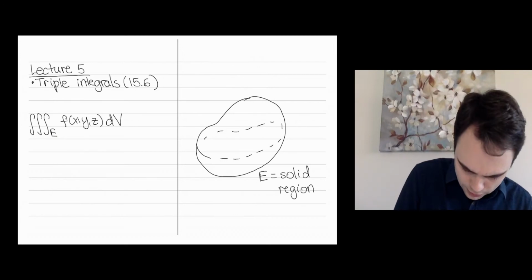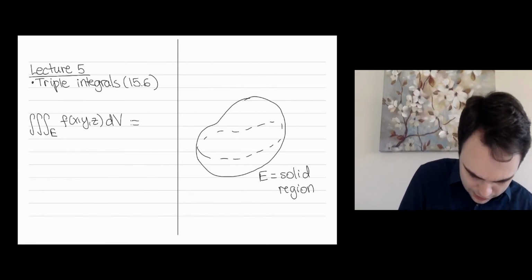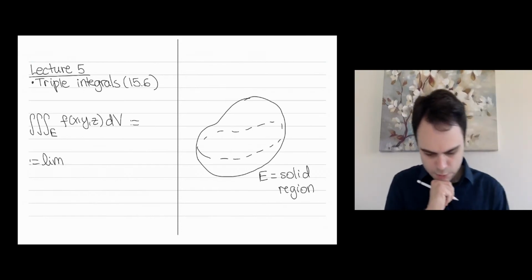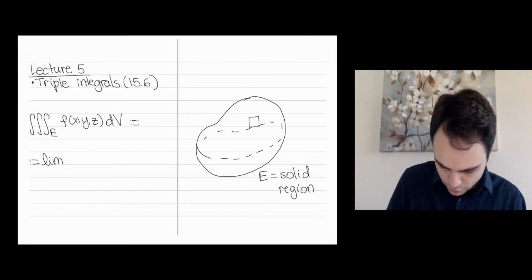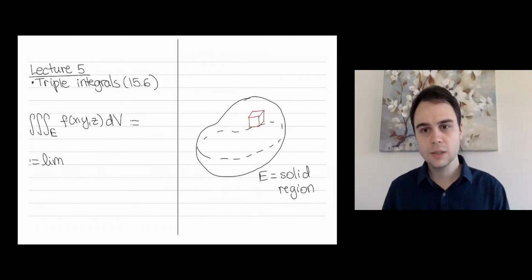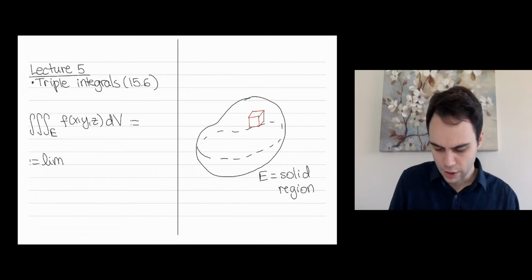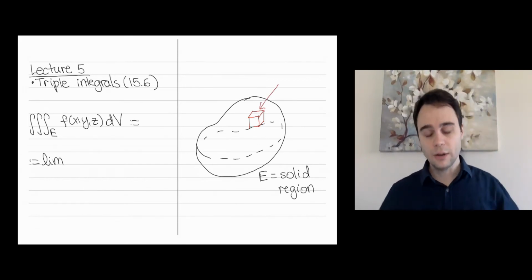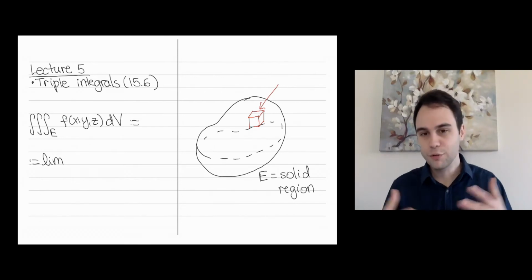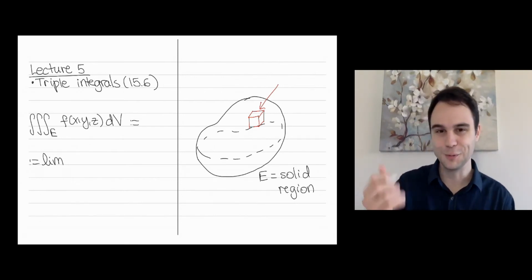So the integral is going to be defined as some limit of Riemann sums. Okay, so here's how you get a Riemann sum. First, you subdivide the volume, the region of integration, into little pieces. So I drew a little solid piece here. Typically you'd have maybe 1 billion pieces, a very, very large number, whatever large means to you.